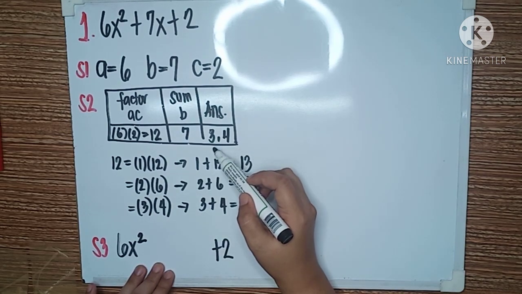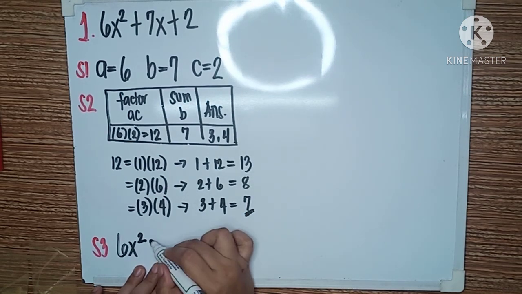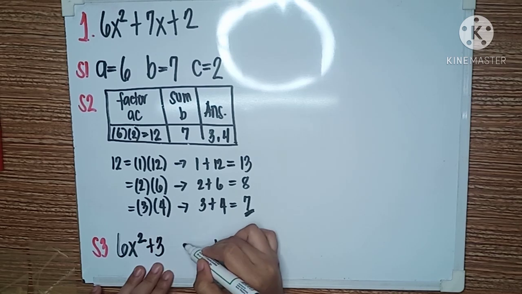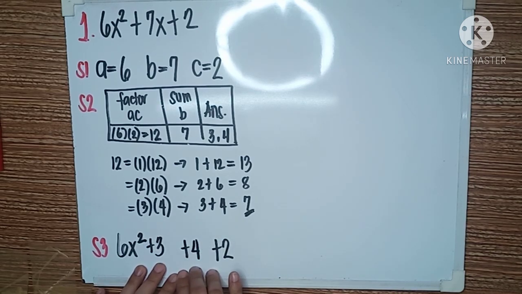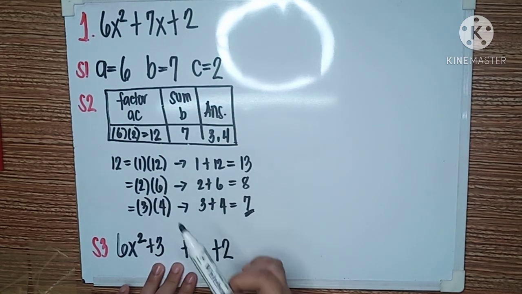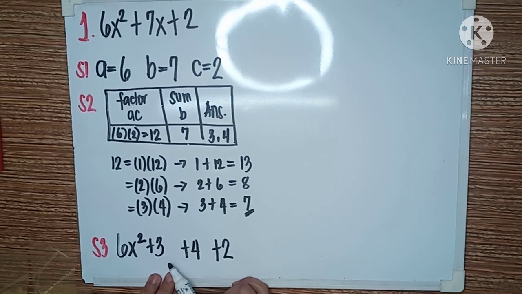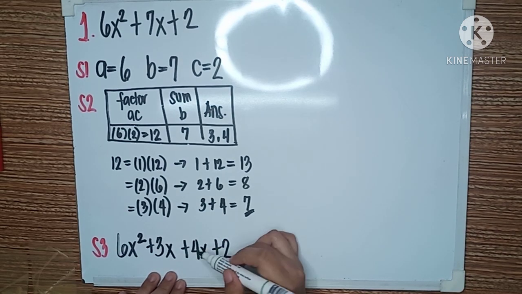And step 2, ang answer natin ay 3 and 4. So, sulat natin dito, positive 3 and positive 4. Okay? Ang middle term natin kay original ay 7x. Kaya dapat, pag pinag-add natin itong dalawa, 7x din. So, anong kulang? Yung x.